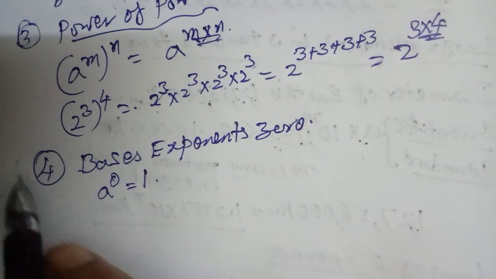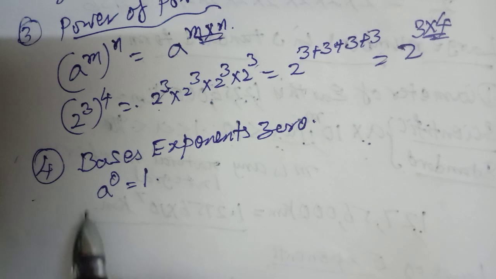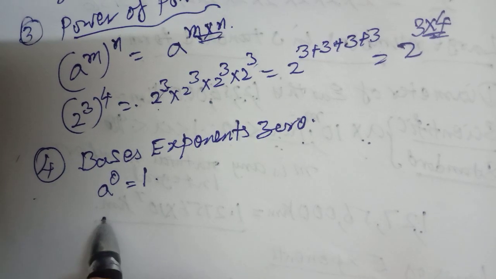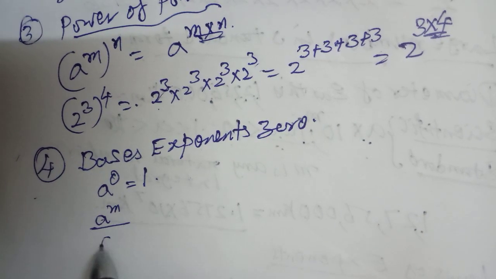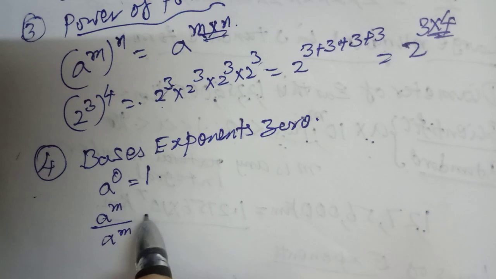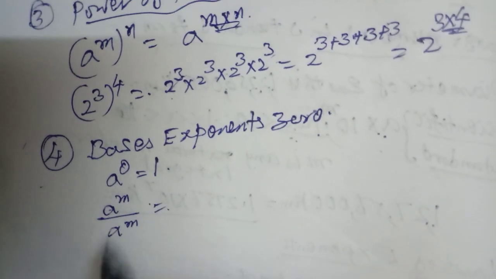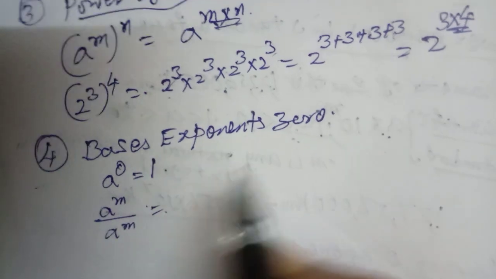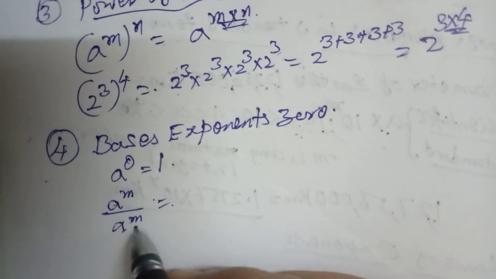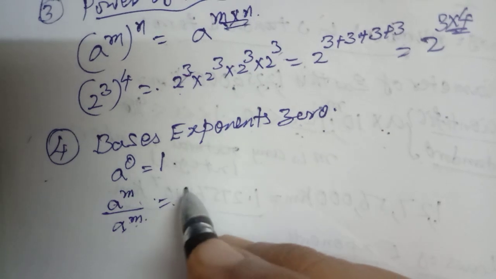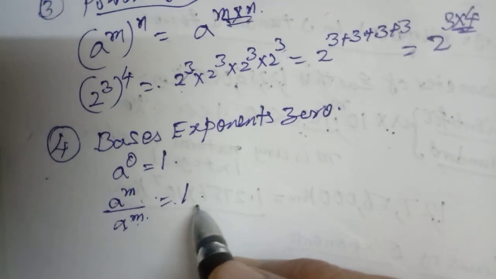We have just now seen in our division, a to the power of m divided by a to the power of m, that we have used it and verified this. So a to the power of m divided by a to the power of m is equal to 1.